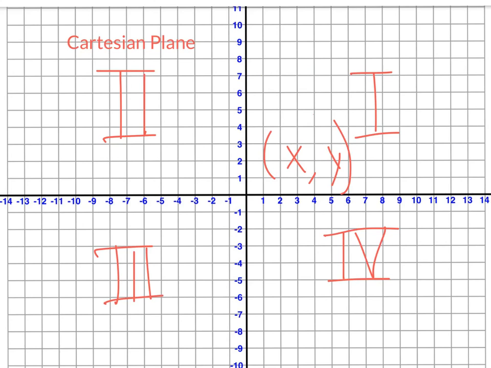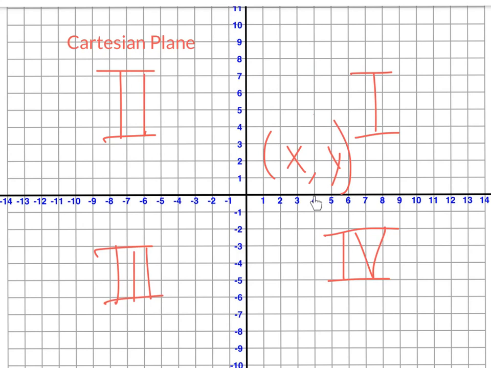With the x value, we're talking about the distance we are from the 0 on the number line along the x-axis. So if our x value is 4, then we're located here along the 4 on the x-axis.